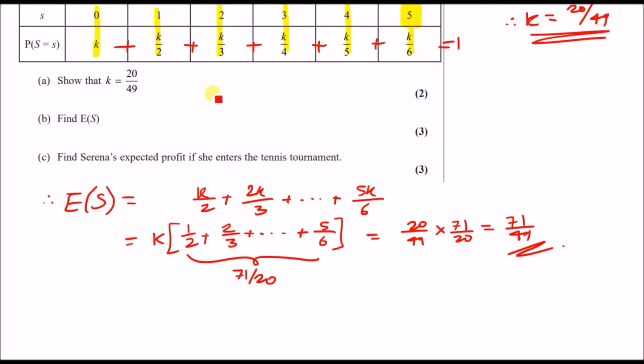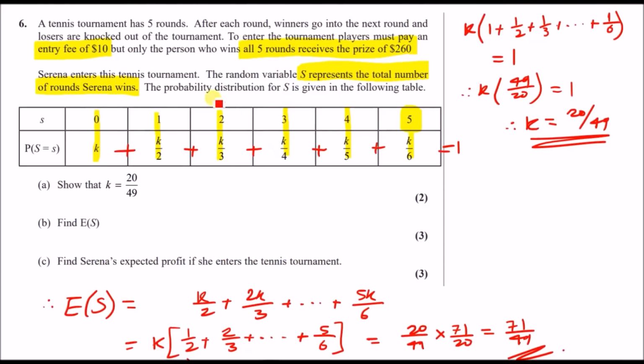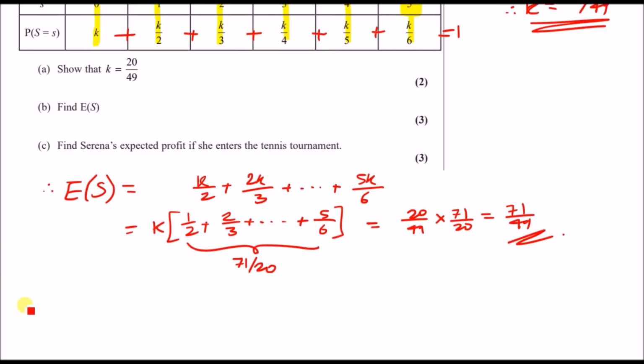Now lastly, find Serena's expected profit if she enters the tennis tournament. So for expected profit, we're including the chance that she's going to win. Remember in the beginning, it says to enter the tournament, players must pay an entry fee of $10. So for the expected profit, we have to involve probabilities. It's going to be an initial fee of -10, and this is guaranteed.